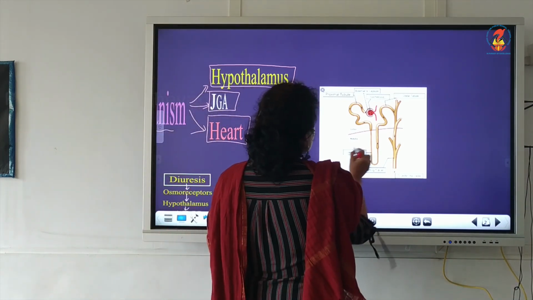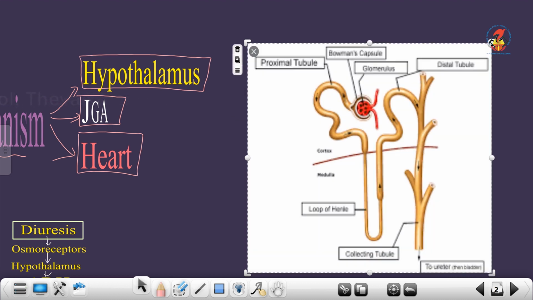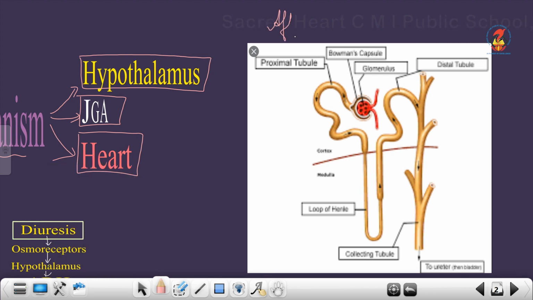See, I have pulled out the figure of the nephron. Do not expect the nephron to be coiled in a specific manner. It is very much coiled, and you can see there is a sensitive region. I will highlight that region. It is located between the efferent arteriole and the distal convoluted tubule. So, once again I am specifying the region between the efferent arteriole and the distal convoluted tubule.